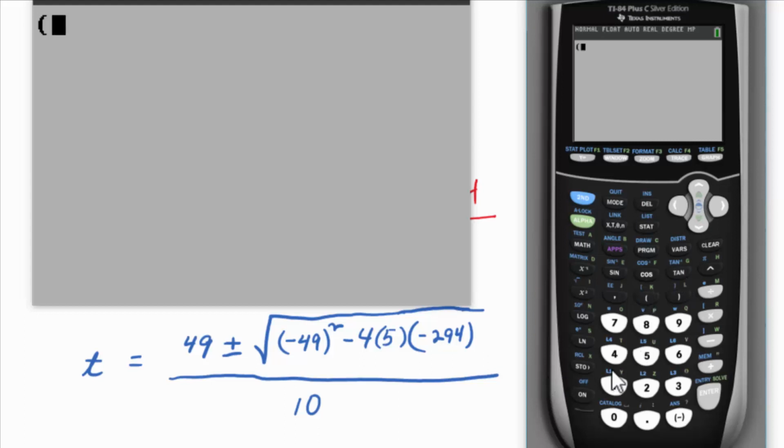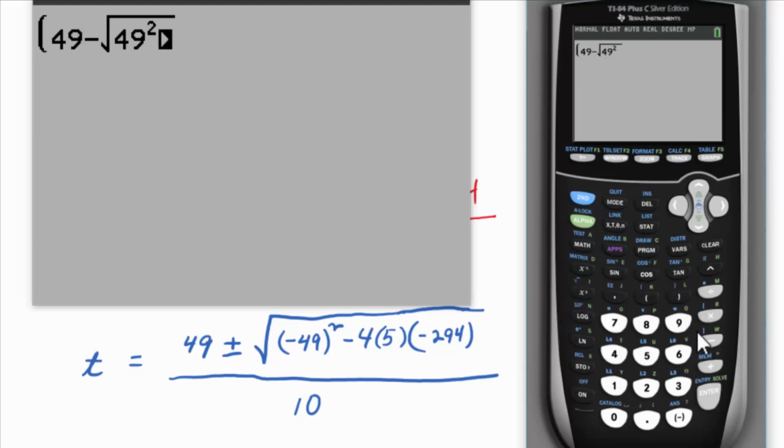If you want to plug everything in at once in your calculator, type in a left parenthesis. I think parenthesis is the proper thing to call it, but nobody does, so I'm going to say parenthesis. And then 49, let's do the minus one first, minus square root of, all right, so negative 49 squared is the same as 49 squared, so I'm not going to waste the negative.